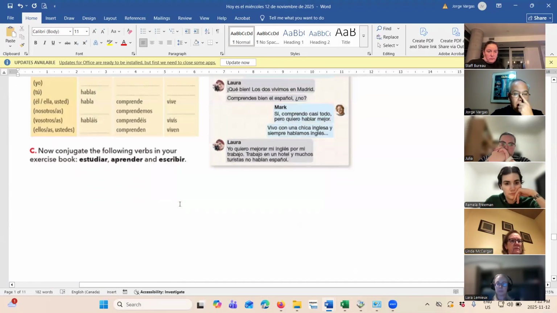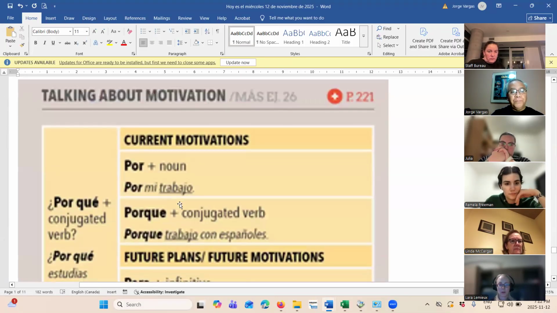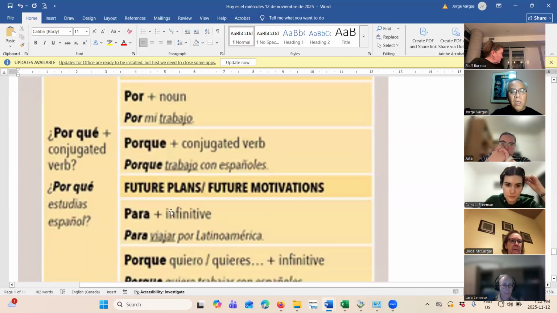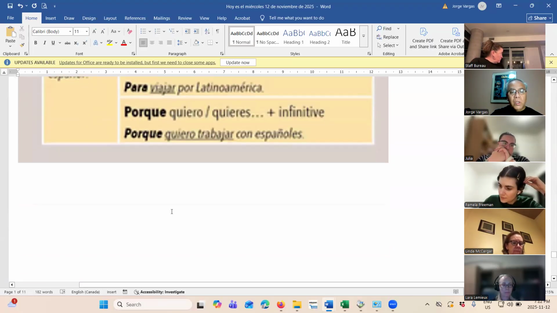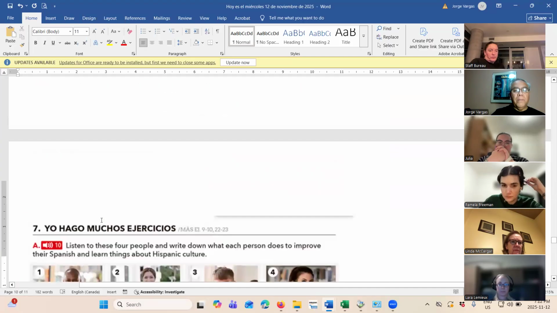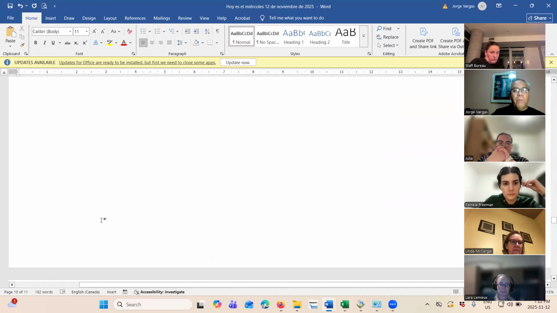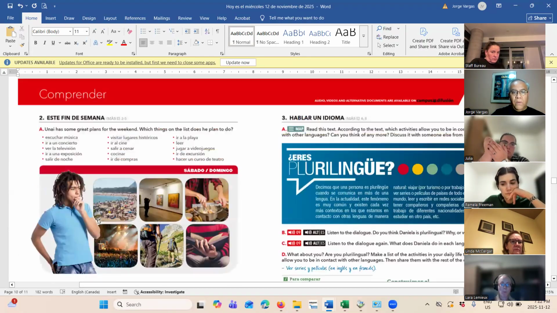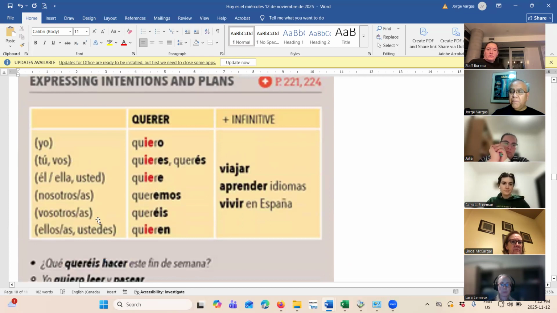Okay, so in this section right here, it says current motivations. And here we're talking about the reason why we want to learn Spanish, right? So, number one, going back a little bit here. Remember when we were practicing verb querer as one of those stem changing verbs, this one here?